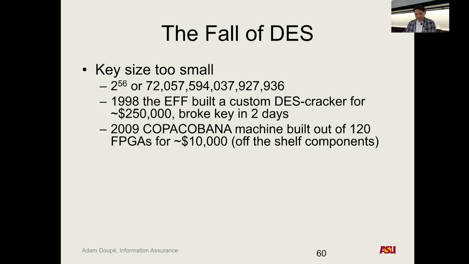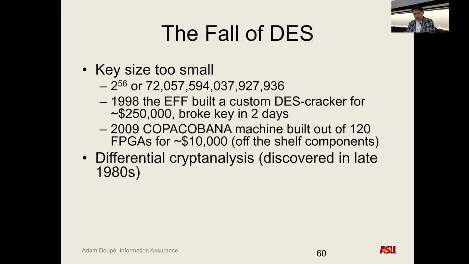And in 2009, COPACOBANA also used FPGAs at a lower cost, below $10,000, and they could also find the key. DES is also well known for differential cryptanalysis attacks. What is differential cryptanalysis?